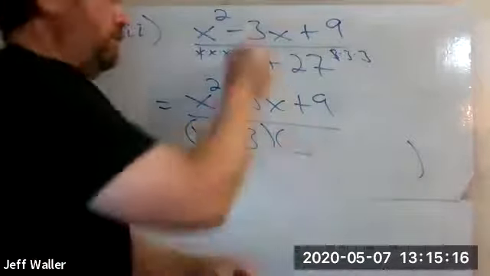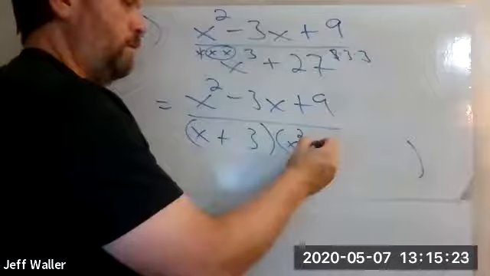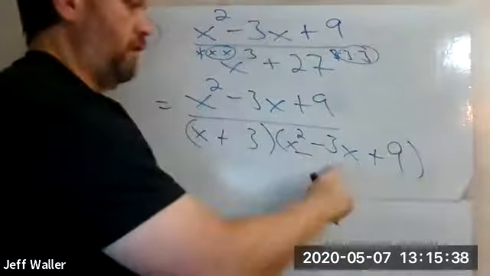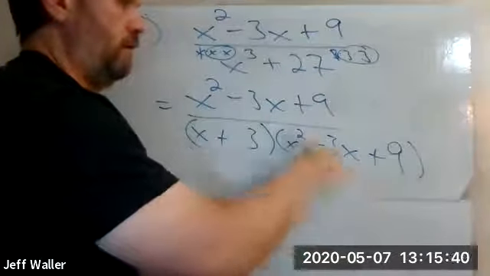What goes in the big dude? X squared. The middle term is going to be positive or negative? Negative. Opposite sign. And then 3x, and then the other two threes, 9.